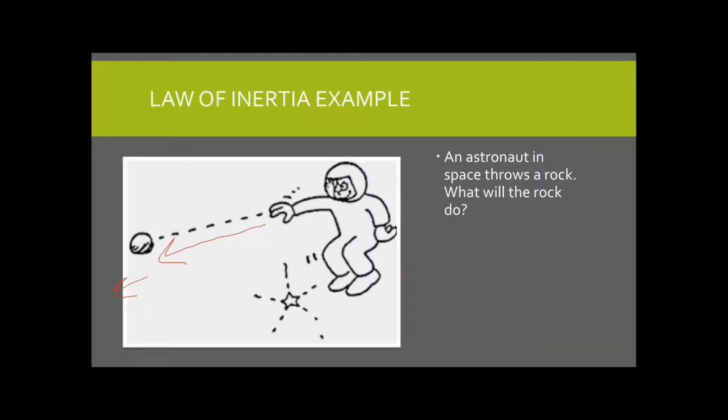So if he threw it inside the International Space Station, it's probably going to hit something eventually, which is going to cause it to stop. But if you threw it outside the International Space Station, it's probably going to keep going until it hits an asteroid or a planet or something. So, objects in motion will stay in motion.